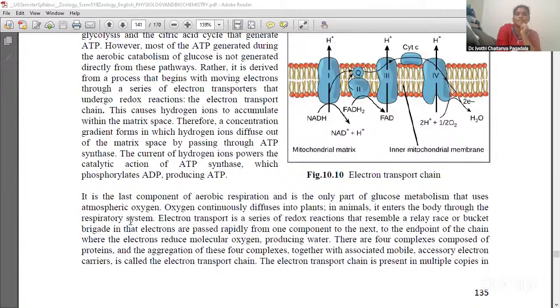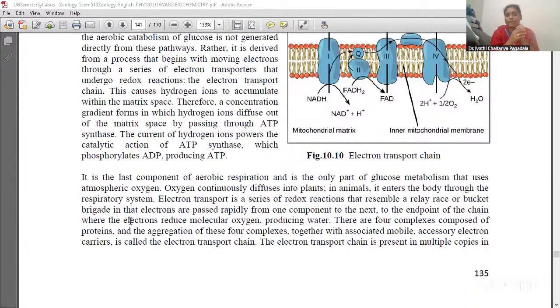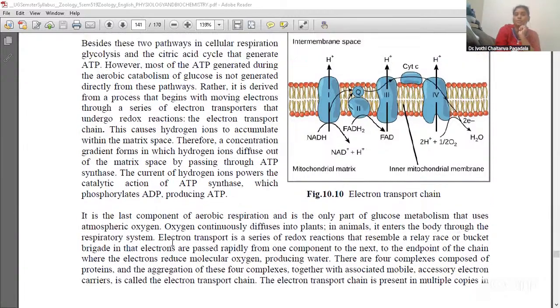It is the last component of aerobic respiration and is the only part of glucose metabolism that utilizes atmospheric oxygen, and oxygen continuously diffuses into plants and animals. It enters the body through the respiratory system.